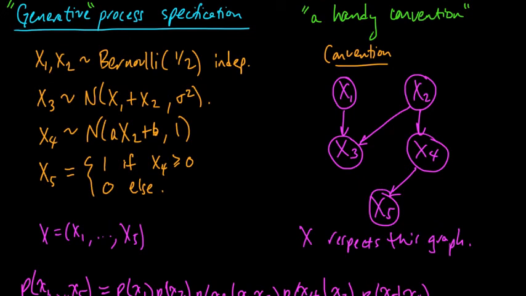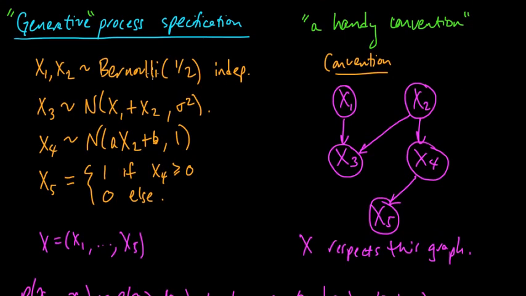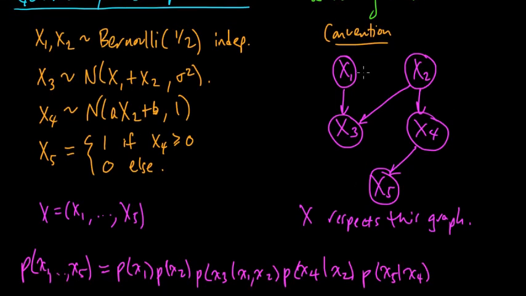Okay, so I just wanted to tell you what this means if you hear that. And also I wanted to tell you this because it's a really nice way to think about a probability distribution. If you have a distribution and a graphical model like this, you could give it a generative process specification in this way.